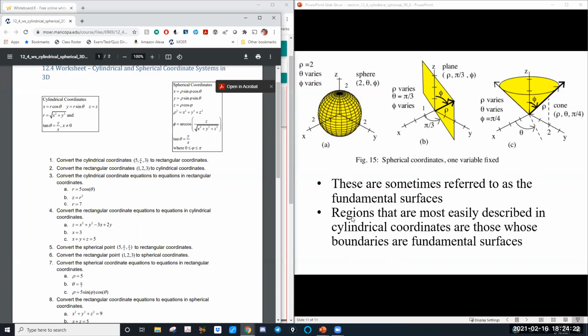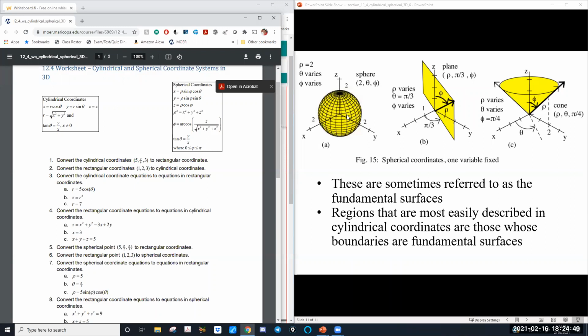So what I want you to take from 12.4 for right now, I don't want to overburden you with stuff we're not going to be doing until later. But what you want to focus on when you're going through the homework is how to use these conversions to go back and forth between the two systems, and what the fundamental surfaces look like.